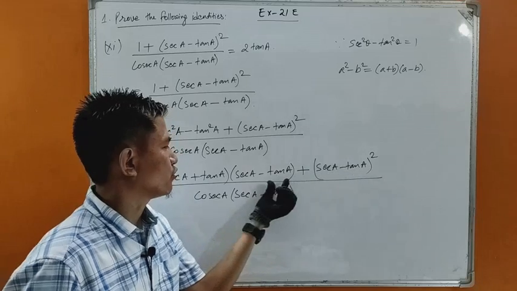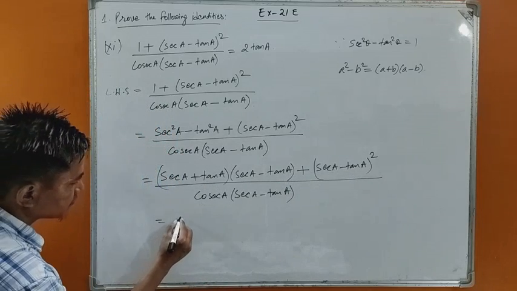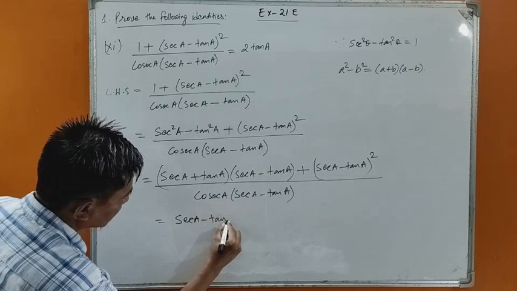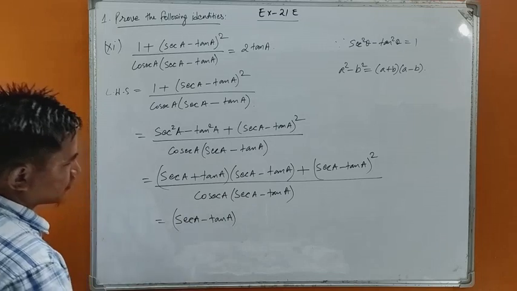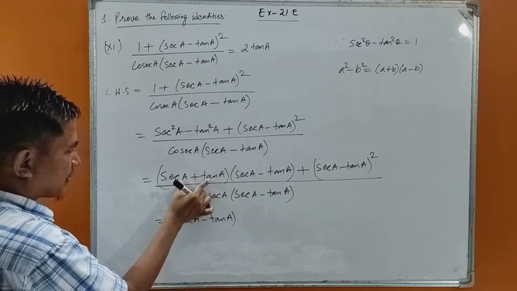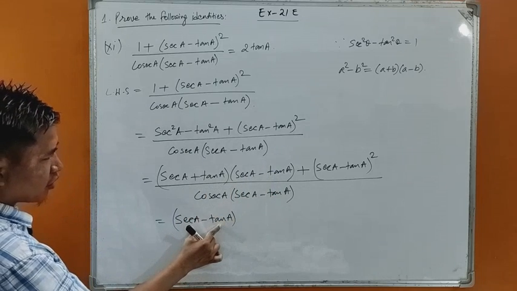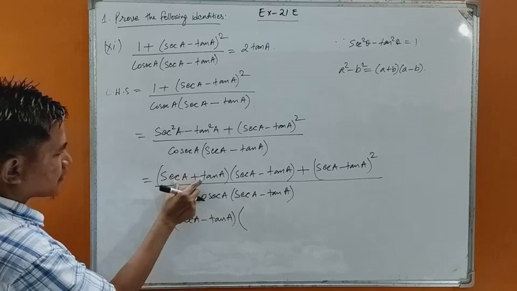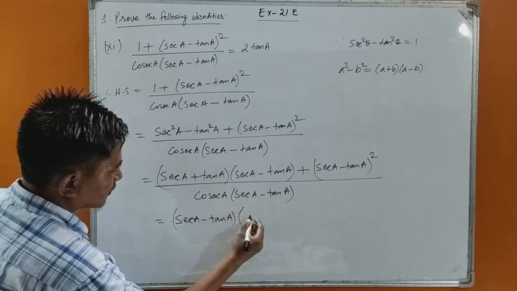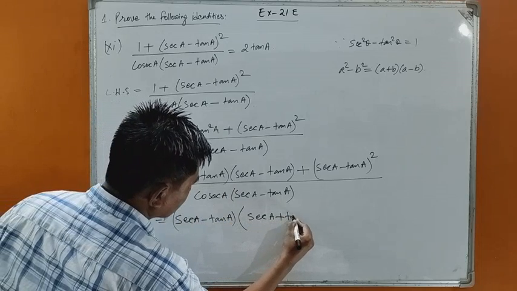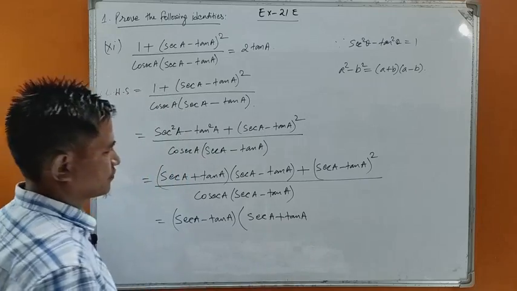So let us take sec A minus tan A common. So now we had sec A plus tan A and sec A minus tan A here. So sec A minus tan A is taken common outside, and this sec A plus tan A remains within the bracket, isn't it?